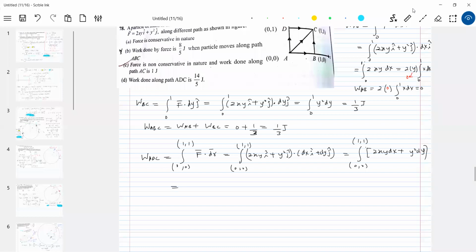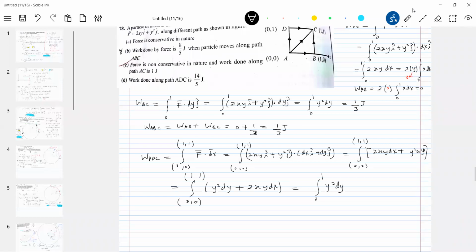I'll rearrange this bracket. First the limit. So it should be 0, 0. Okay, fine. So now first the limit should be like this: 0, 1.